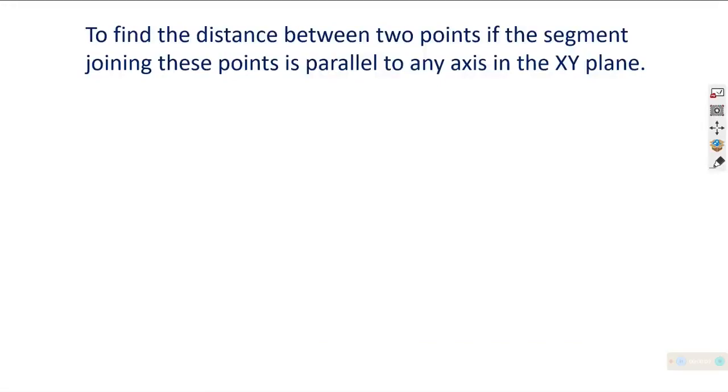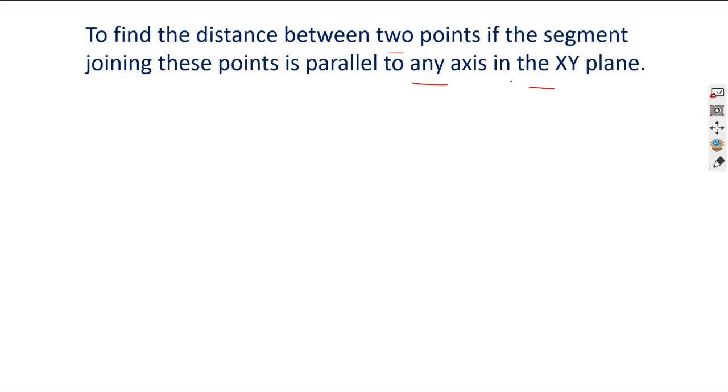Let us think about a different situation. Here the situation is slightly different, because to find the distance between 2 points, if the segment joining these 2 points is parallel to any axis in the xy plane. So segment is not the distance between 2 points.